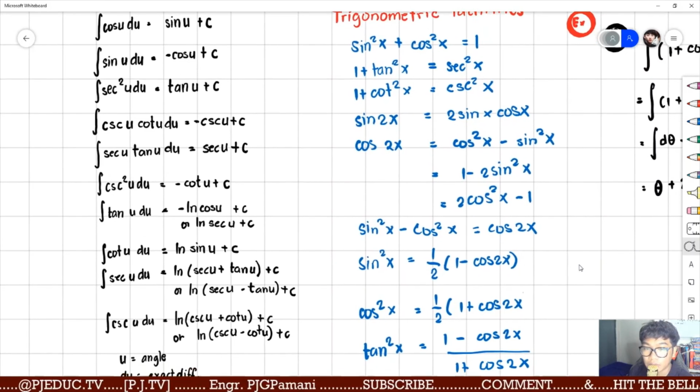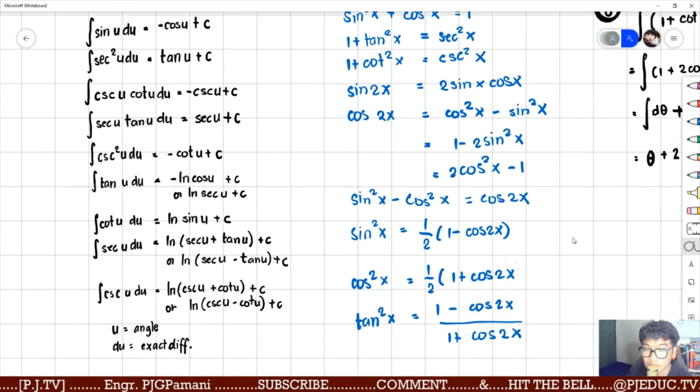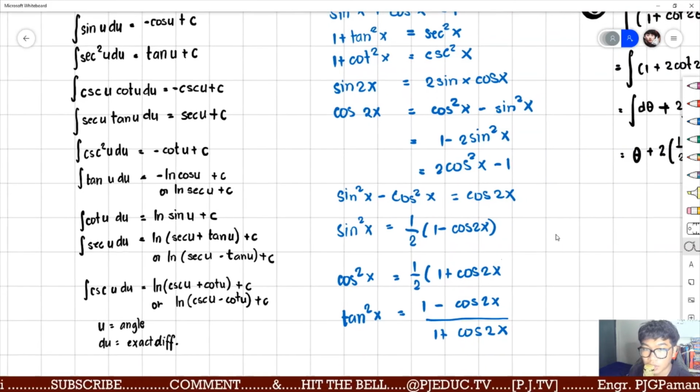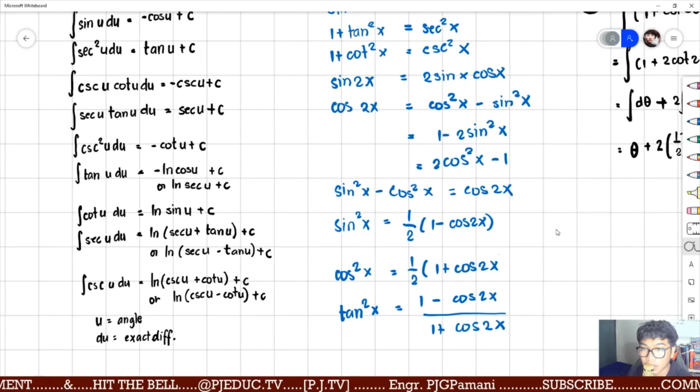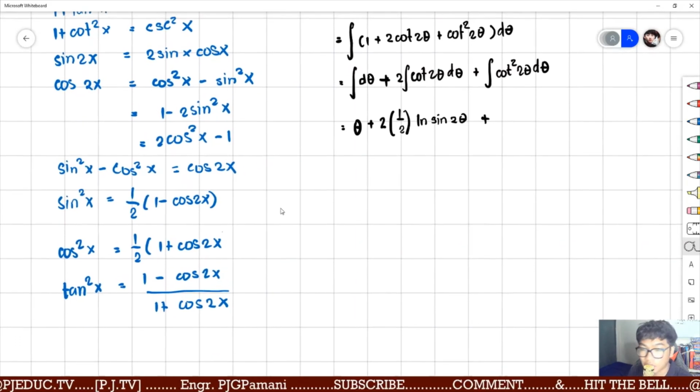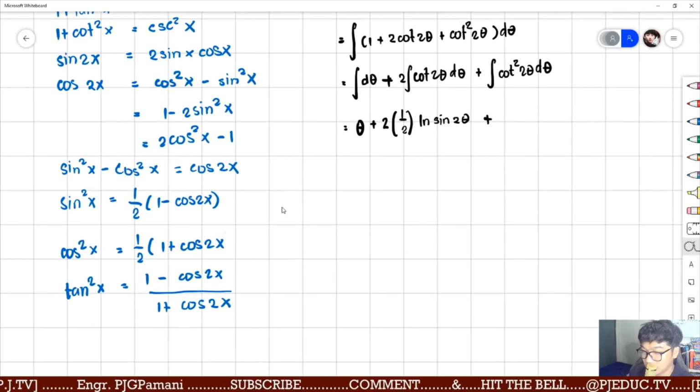Meron ba tayo nun? Na integral of cotangent squared u. Wala tayong integral ng cotangent squared 2 theta.